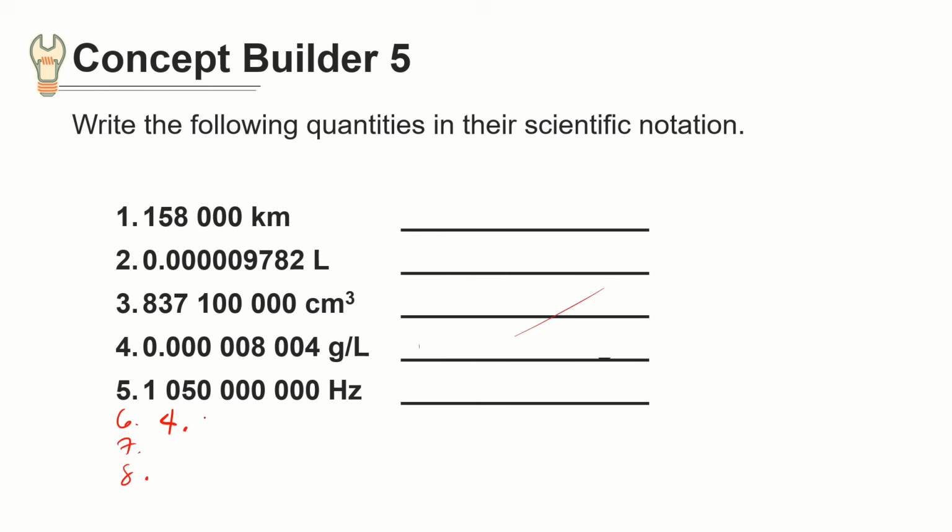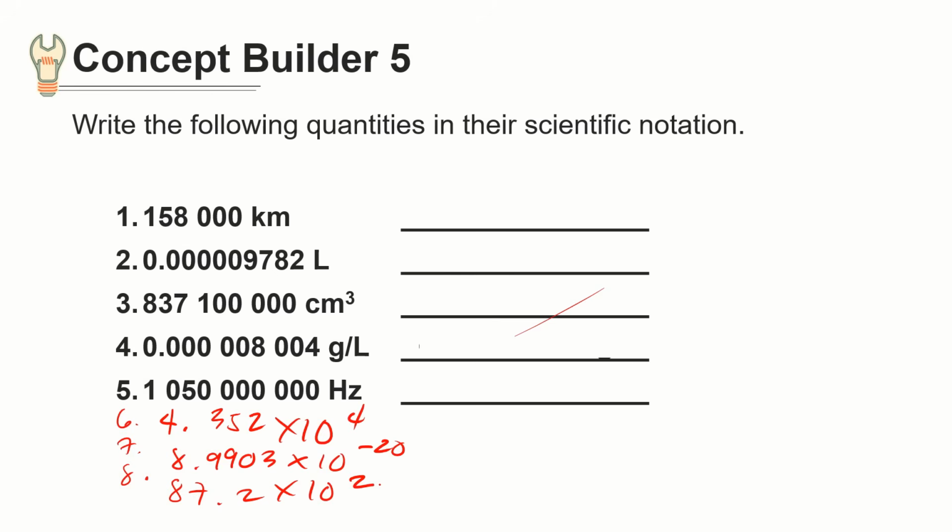Number 4: 4.352 times 10 raised to 14, 8.9903 times 10 raised to negative 20, and 87.2 times 10 raised to 2. Convert these into scientific notation, and convert these back to their original numbers.